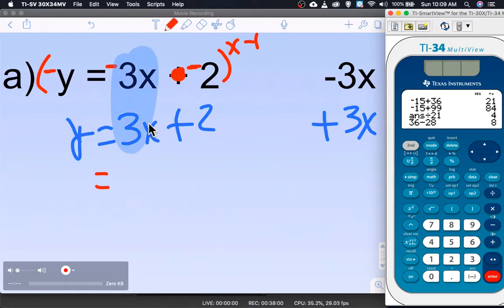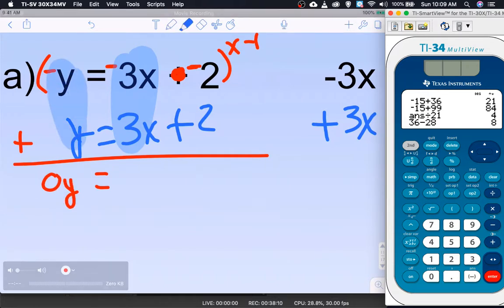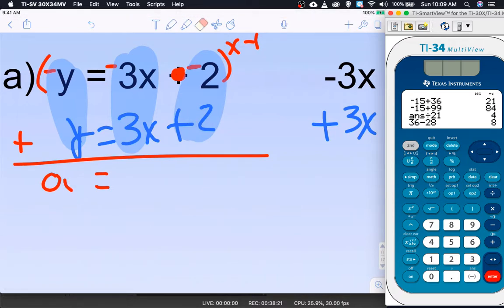My y's, negative y and a positive y, when I add them together, I get 0 y's. My 2's, -2 plus +2, they technically eliminate. I get the equation 0 equals 0.